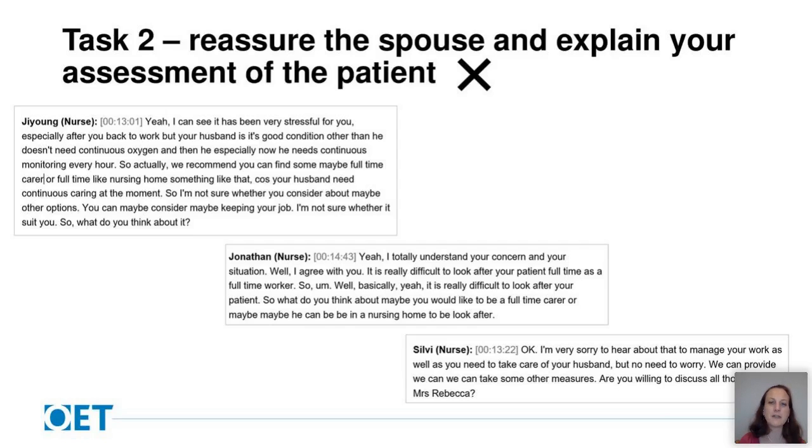So there are some differences, and missing out that task means a missed opportunity for you to demonstrate some of those communication criteria which the assessors are looking for.